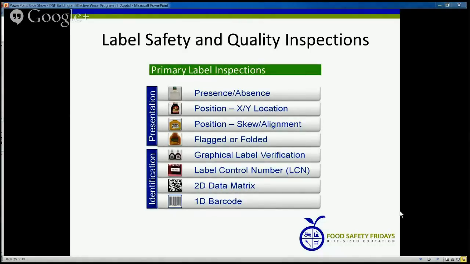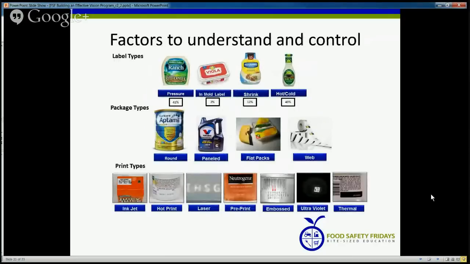And then finally here, the other factors to control and understand. What type of label is being inspected? Here we just have a list of a couple different common labels: pressure-sensitive labels, in-mold labels, shrink labels, and hot and cold glued labels. And then what kind of package type also influences the type of vision system deployed.